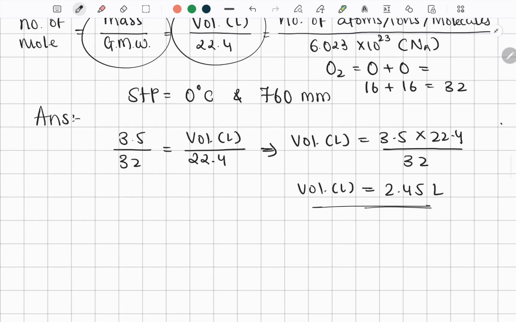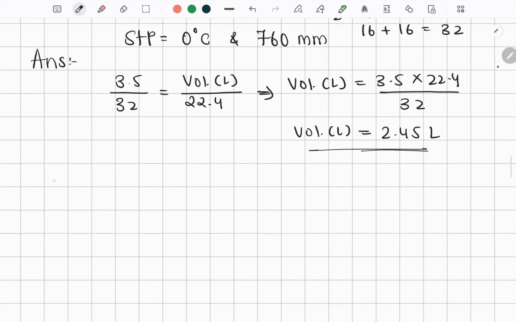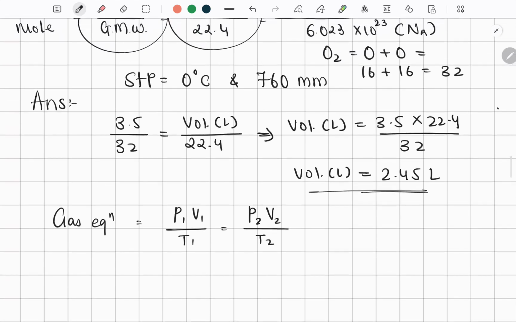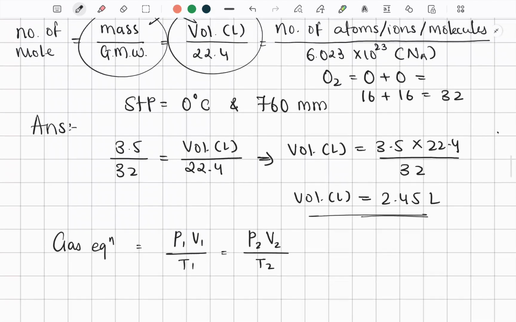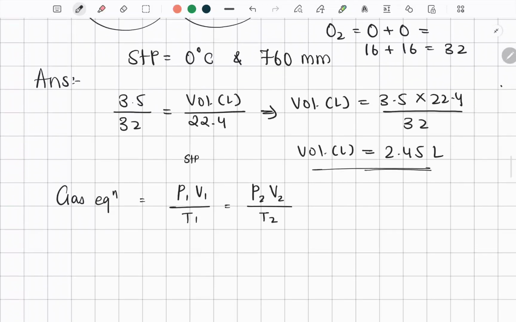Okay. Now, what is the next step? The next step is the gas equation. What is the gas equation? So gas equation is P1 V1 upon T1 is equal to P2 V2 upon T2. This is the gas equation. Okay, now we are having two conditions, one at STP and another which is the given condition, 27 degrees Celsius and 740 millimeter pressure.